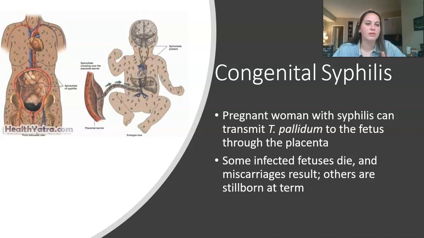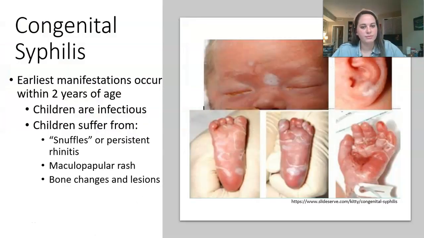And so it's about 70 to 100% of moms in primary syphilis is the rate of transmission, while 40% of transmission for early latent syphilis and 10% for late latent disease. So basically, the longer the interval between infection and pregnancy, the more benign the outcome will be for the child.